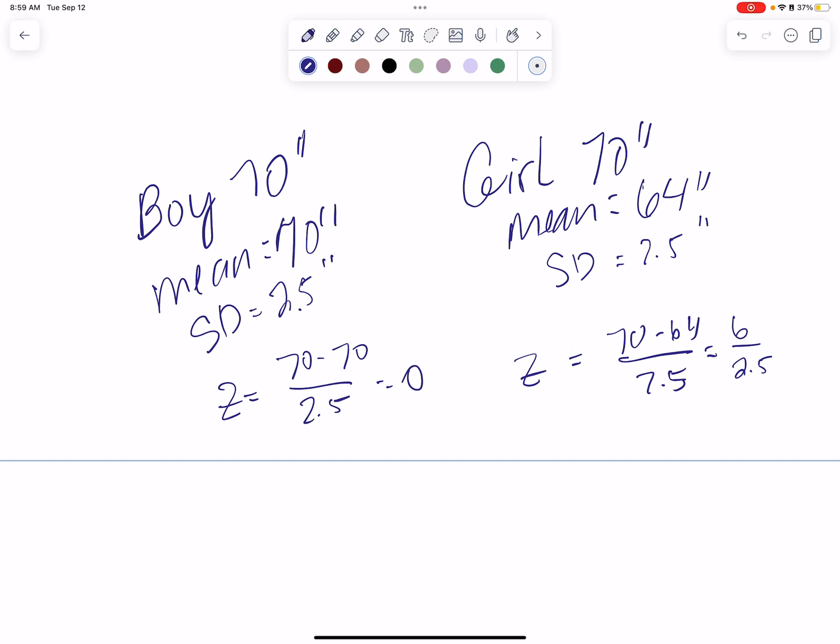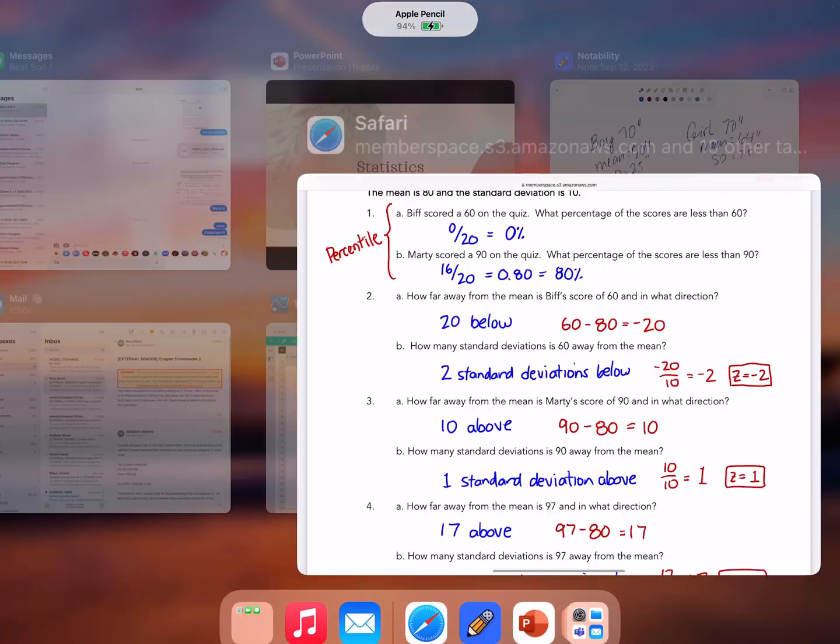The girl is comparing herself to other people of her same type, and so therefore she is considered tall compared to most girls. The boy is not considered tall to most boys. So by being able to compare z-scores, that is the way that we can compare things that are not the same to see which one is better in their category. So that's the purpose of z-scores.